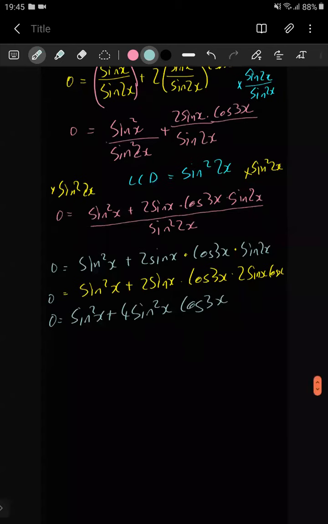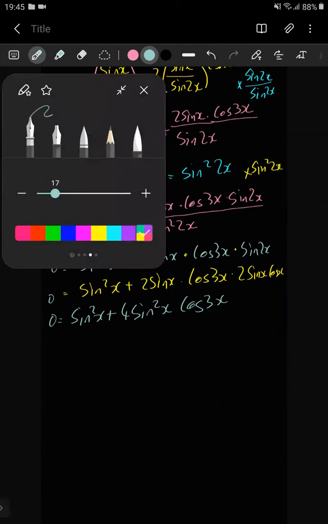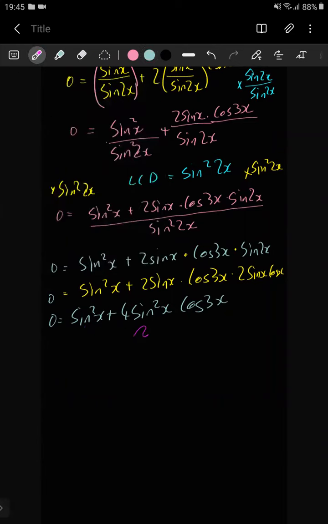And then you can factorize. Oh my goodness, it's coming out so nicely. So the sine squared x, you can take out as a common factor. You'll have 1 plus 4 cos 3x over here.